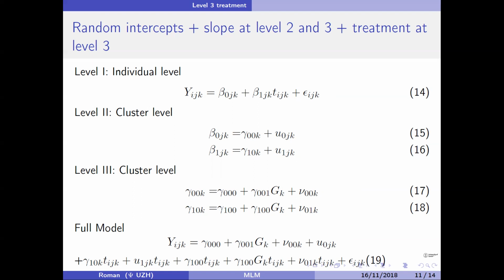Now this formula does blow up a little bit. And so what we have is our traditional fixed intercept down here in the full model. And this is because of these cross-level interactions. As we substitute, we need to multiply these terms, specifically the slope term here. And so this is just simple algebraic substitution, just like it was earlier. So we have the fixed intercept, the overall intercept of time.